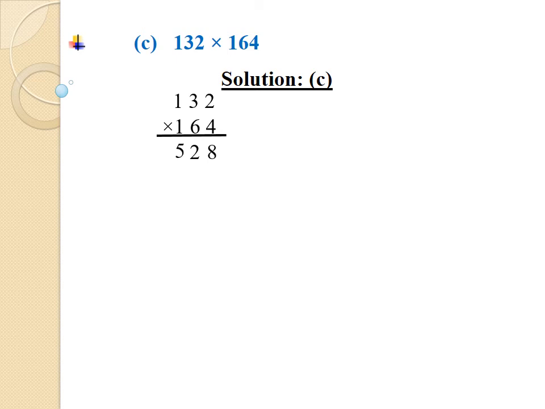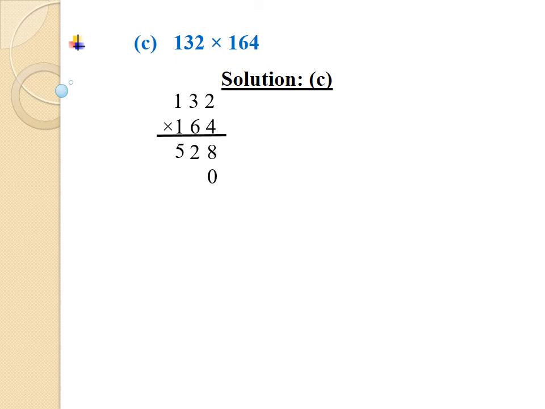Now, let us solve step number 2 by placing 0 at ones place and multiply 132 by 6 tens. Thus, placing 0 at ones place exactly below 8. Now, multiplying 2 by 6, we get 12.